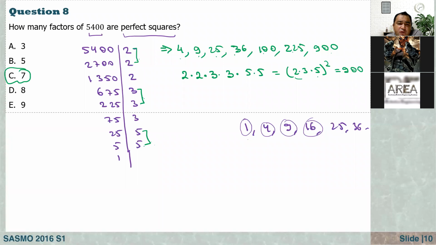How many factors of 5,400 are perfect squares? As you see here, 4, 9, 25, 36, 100, 225, 900. These are the factors of this number, and these are the perfect squares, because each factor here is a perfect square. But we just missed something here. What is that?